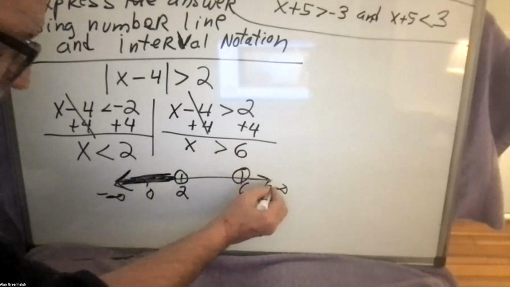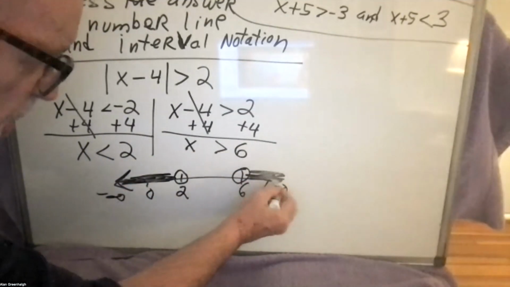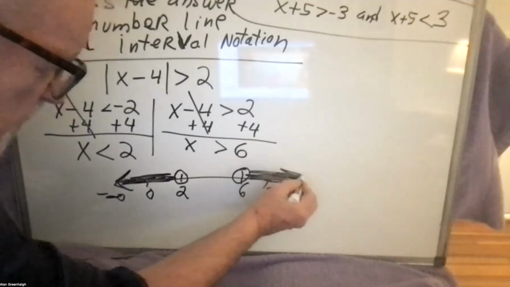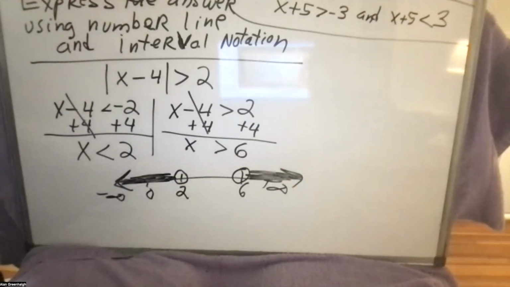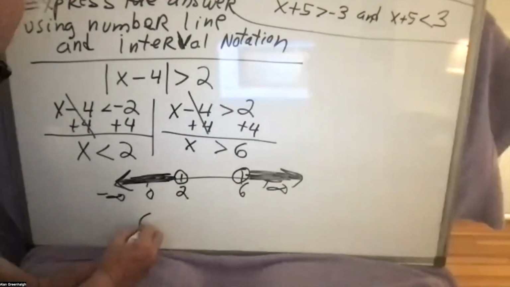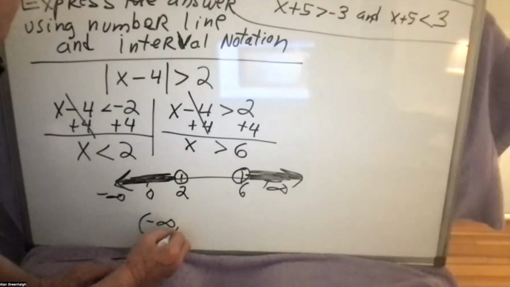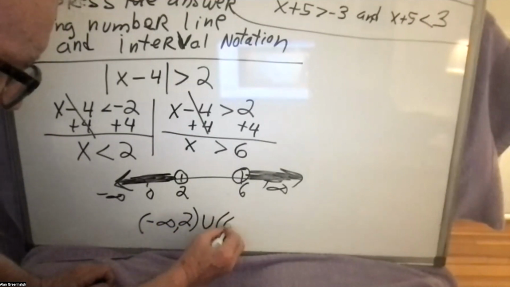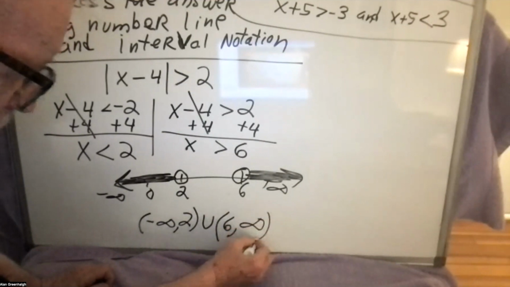X is greater than 6, so it goes in this direction. That's what it looks like. That's what's intended by the greater than sign. And in interval notation, negative infinity to 2 or 6 to infinity.